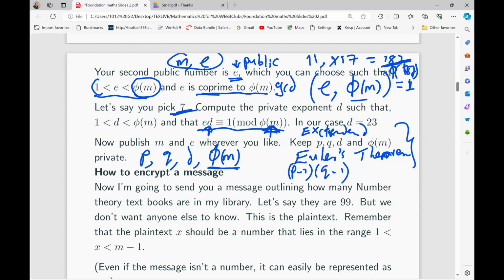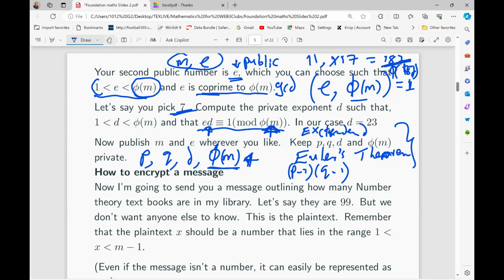So if somebody has a hint what phi of M is, this person is able to get what P is and what Q is. And once I have these, I can try and find which numbers are relatively prime. So I'll be using trial and error, and by that trial and error, I may be able to decrypt your message.